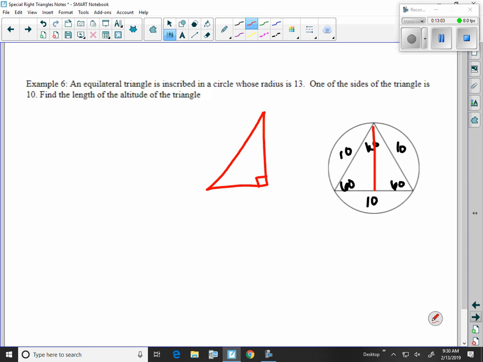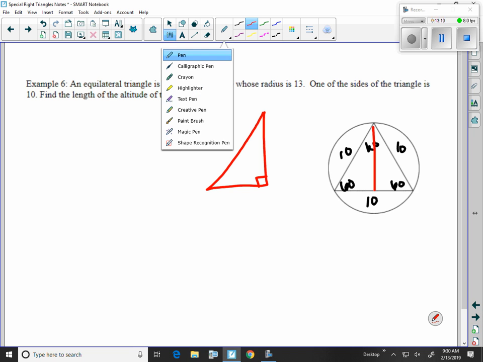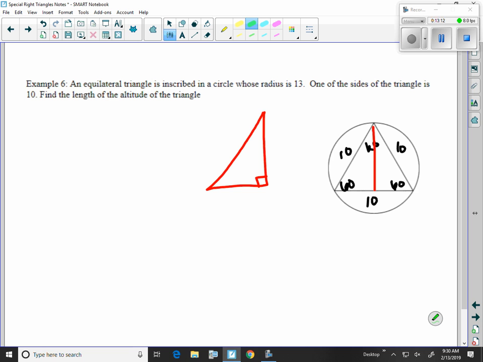Okay, so let me go ahead and just cut off one of those triangles. If I take this triangle, I cut it off, I move it over, I still have my 60-degree angle here and my 90-degree angle. My hypotenuse is 10.